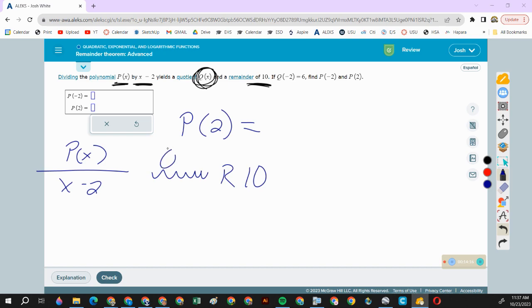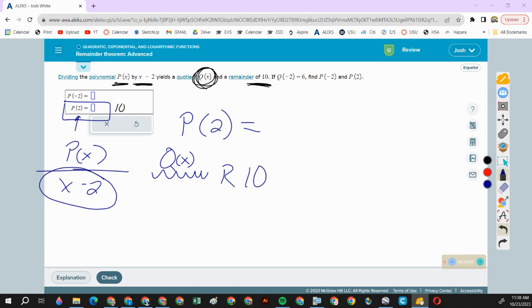So this function right here is q of x. Does everybody understand that? So what is p of 2? It has to be 10, right? If I plug 2 into this function, that is exactly the same thing as dividing by x minus 2. So this is 10, right?